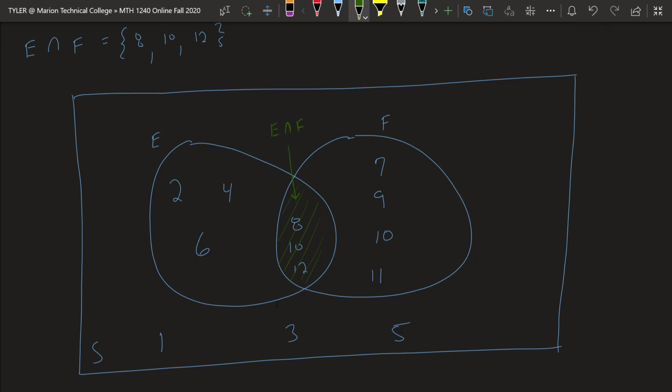Then if I wanted to shade in where E union F is, the difference is that you would also include stuff that's in E but not in F, and also items that are in F but not in E. So shading in both circles, all of these parts would represent E union F.